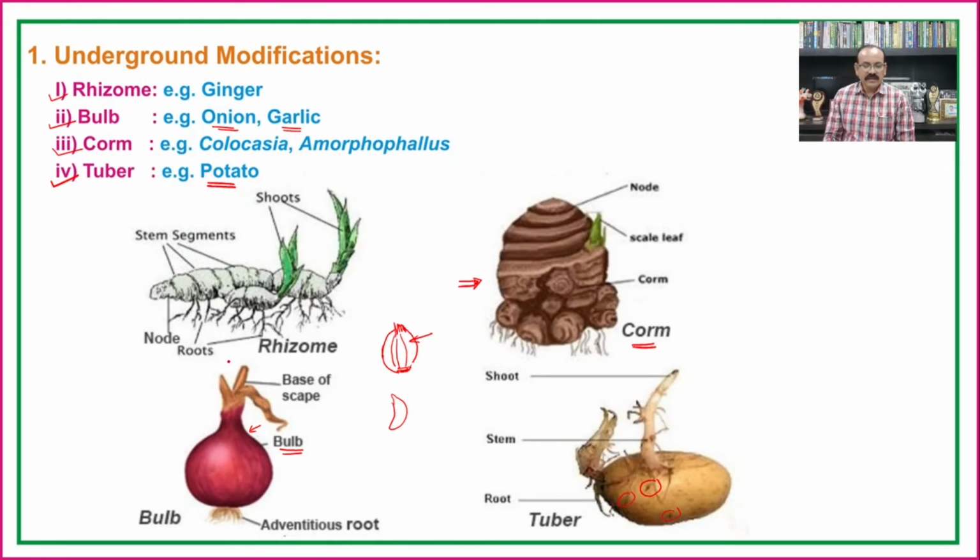Each eye represents a node bearing one or more buds subtended by a leaf scar, and from these buds, which are present on the surface of the potato or the stem tuber, they grow into the stem. A big scar at one end of a potato marks its attachment to the stolon, and the adventitious roots are usually absent.